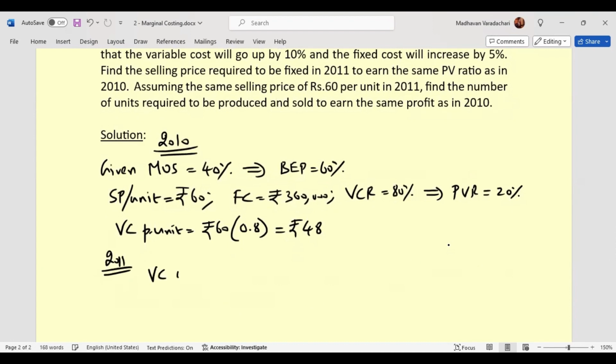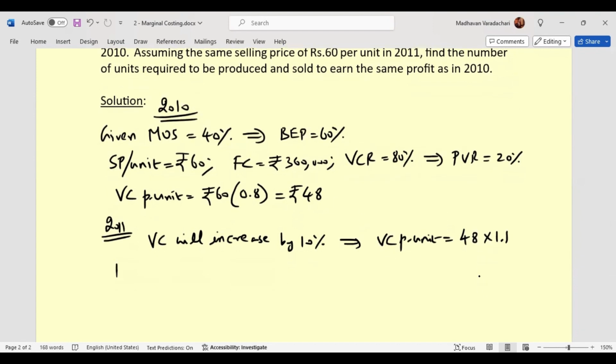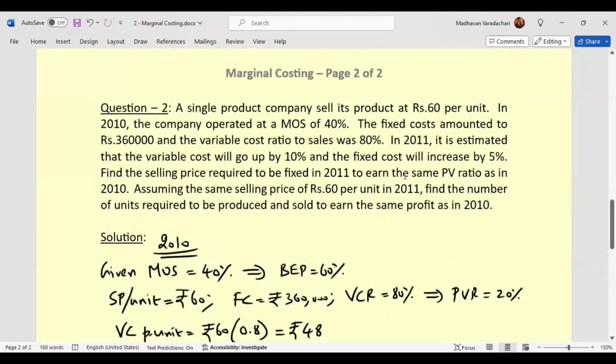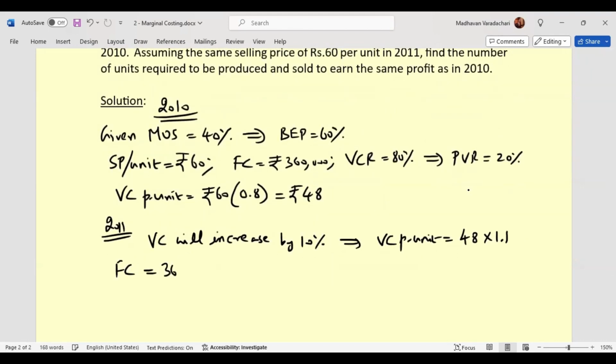Variable cost will increase by 10%, which means that variable cost per unit will be 48 multiplied by 1.1. Then fixed cost will be increased by 5%, so the fixed cost will now be 3,60,000 into 1.05.